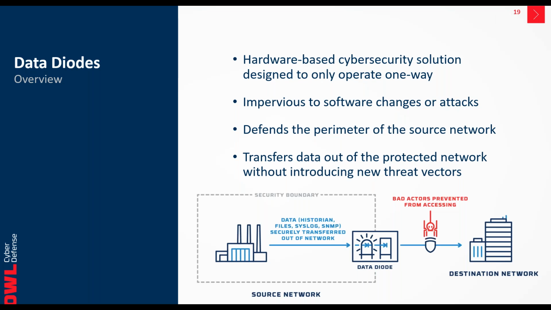The solutions are capable of transferring and protecting a wide variety of data types, whether it be historians like OSI Soft, Wonderware, file transfer, syslog data, SNMP, TCP streams, UDP, email, a wide range of industrial protocols like Modbus, OPC, IEC 104, DNP3. All of these data types can flow through an OWL data diode to enable that one-way unidirectional data flow out of the OT network.